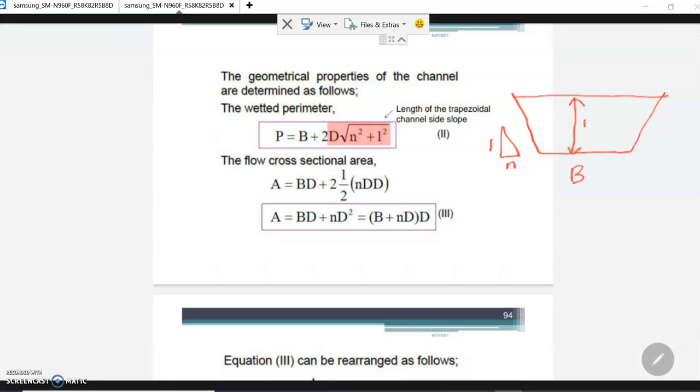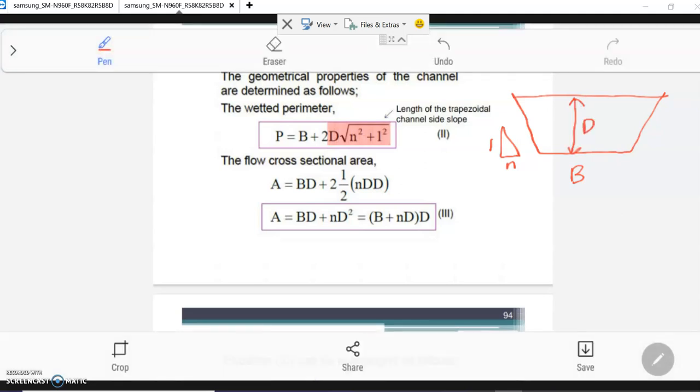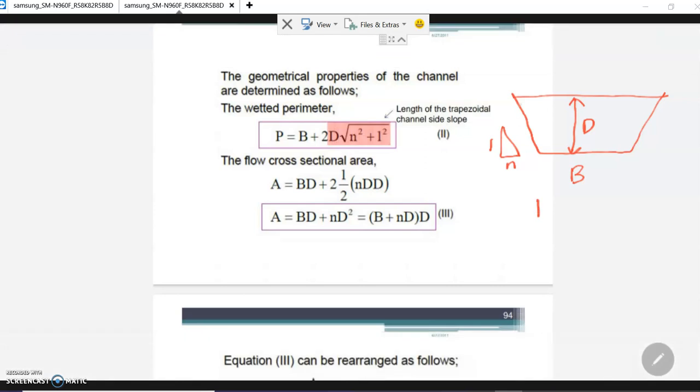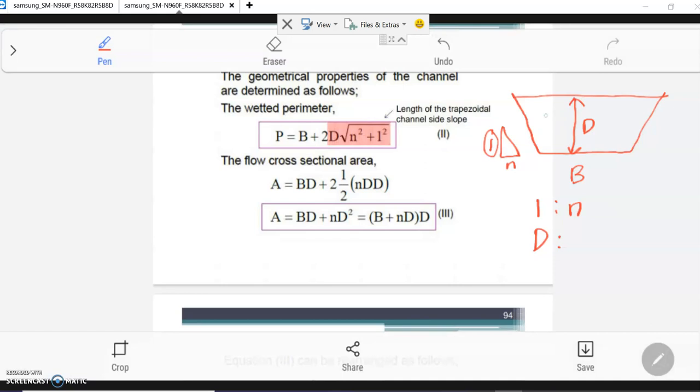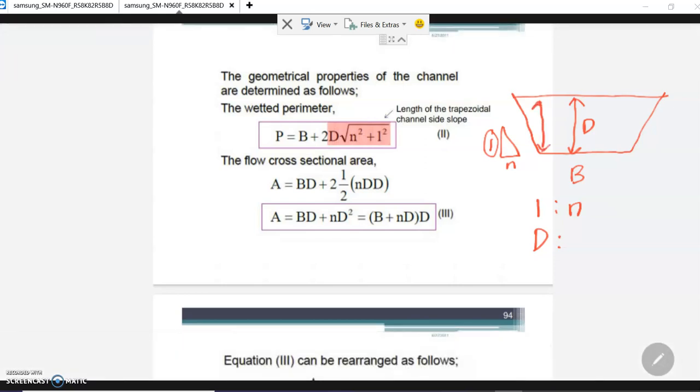So this is your D. That one we also don't know. So how do we identify the area A? Because we don't know B, we don't know D. So we do it like this. So ratio 1 to n, so D is what? Here, when D is projected here, this is D. 1 is the ratio to D, and n is what?